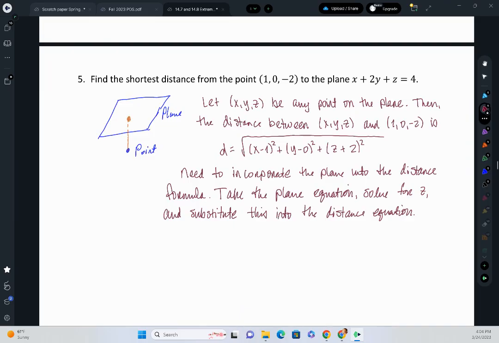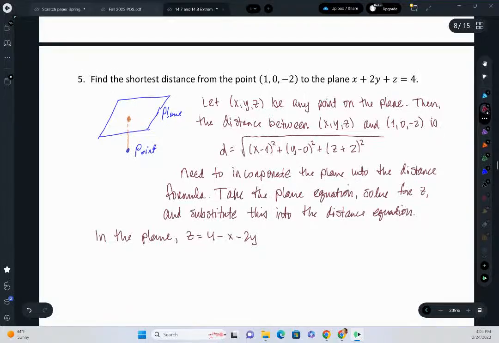So in the plane, when we solve for z, we get z is equal to 4 minus x minus 2y. Okay, so I'm going to substitute that in.